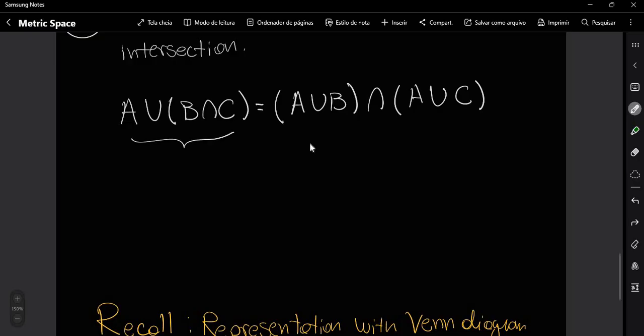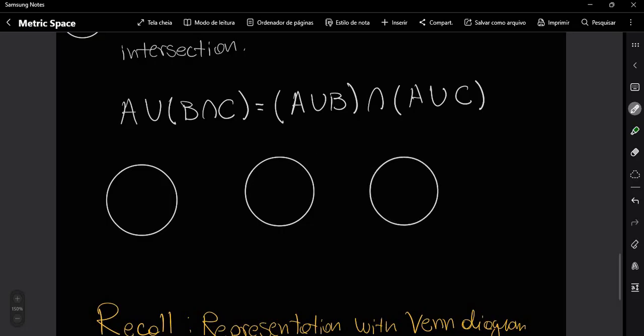So let's try to draw this Venn diagram using both sides, and it needs to be the same. It has to be the same.